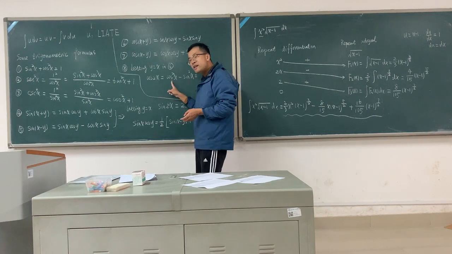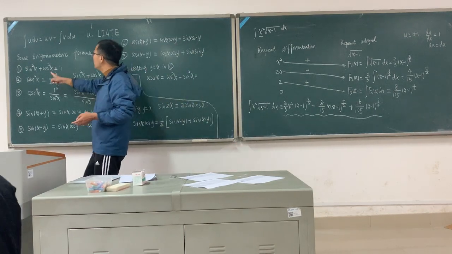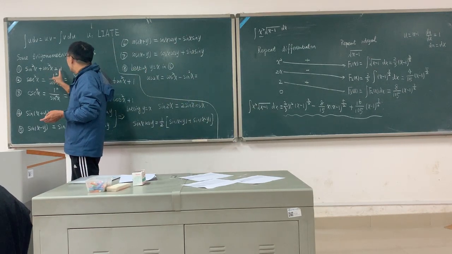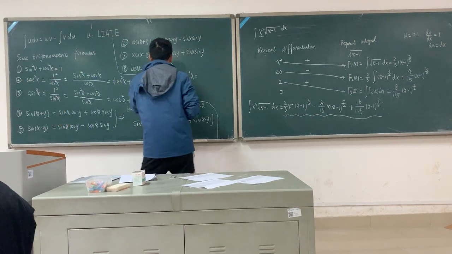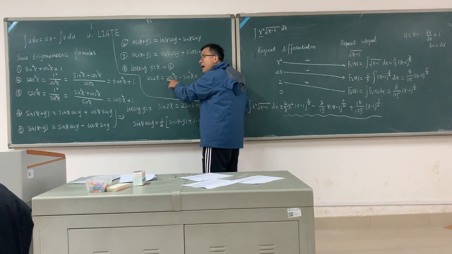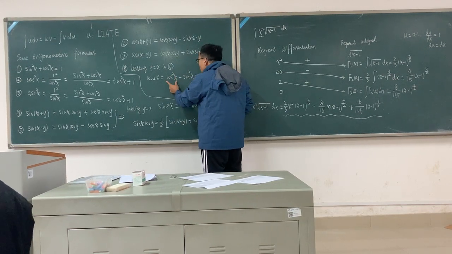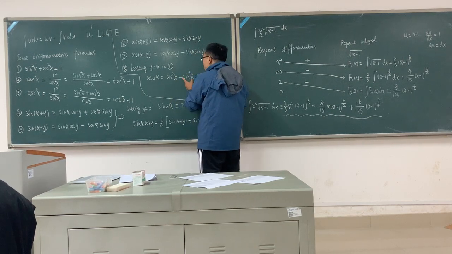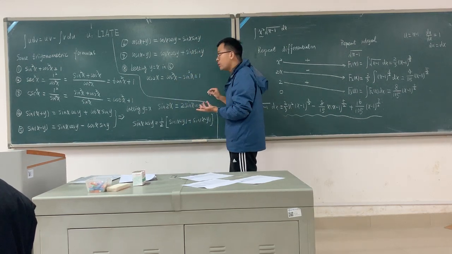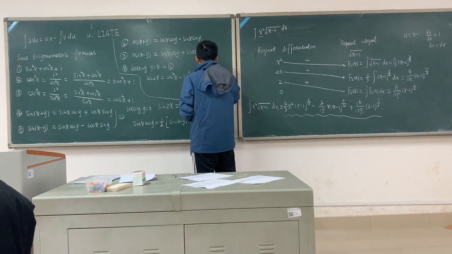Cosine x squared equals 1 minus sin x squared. So it is 1 minus sin squared minus sin squared, which is 1 minus 2 sin x squared.